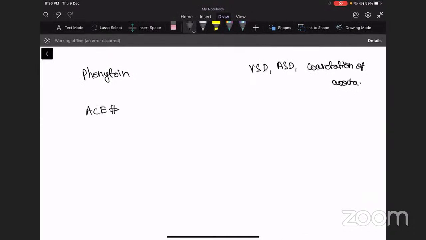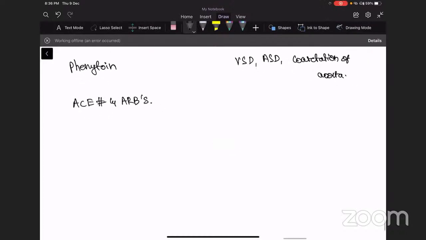ACE inhibitors and ARBs, telmisartan or captopril, enalapril, cause hypoplasia of organs and renal failure.